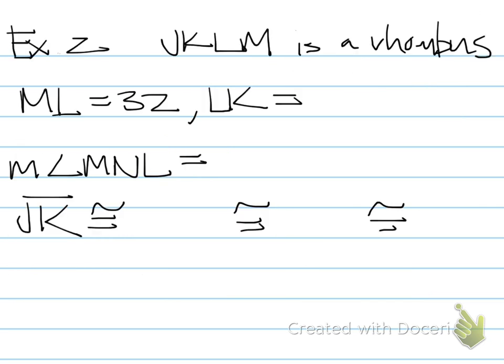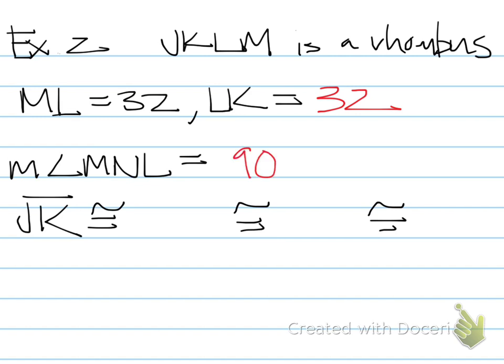We're told JKLM is a rhombus. One of the sides of the rhombus is 32, so all the sides are 32. And the measure of angle MNL, where N would be the middle point, is going to be 90.